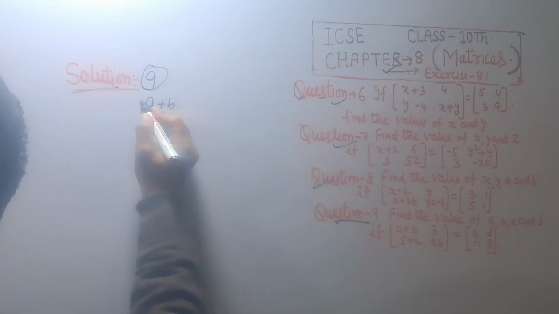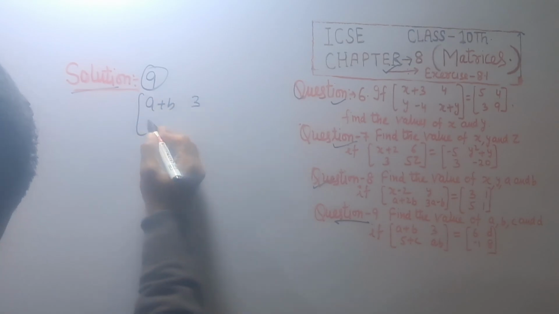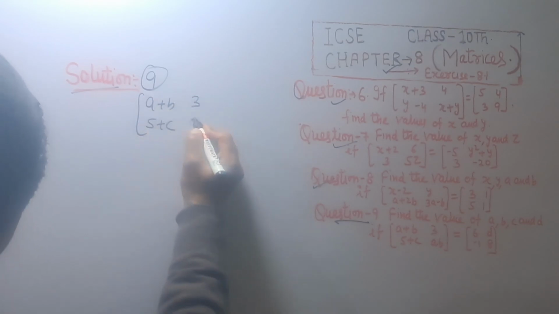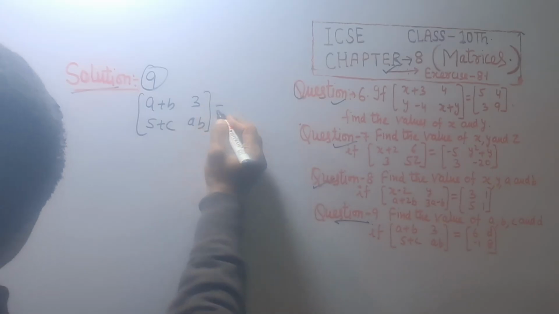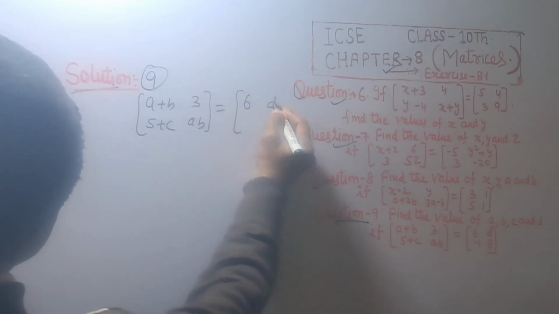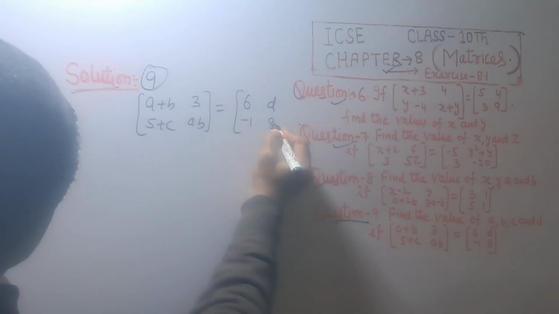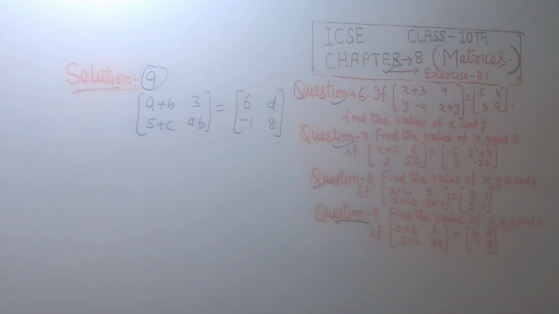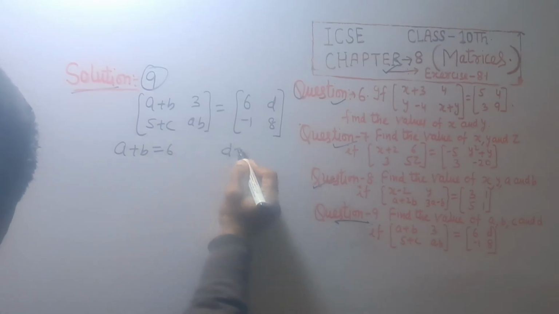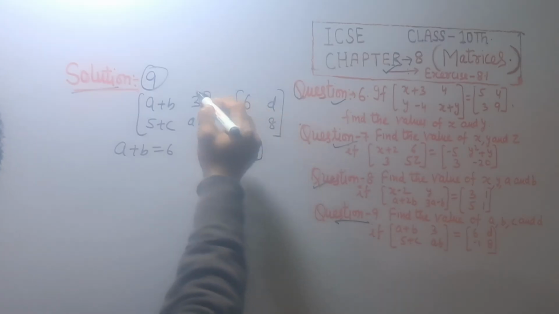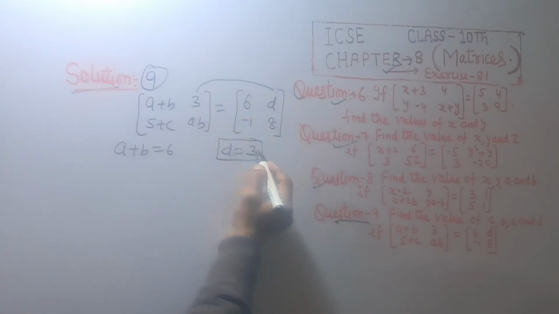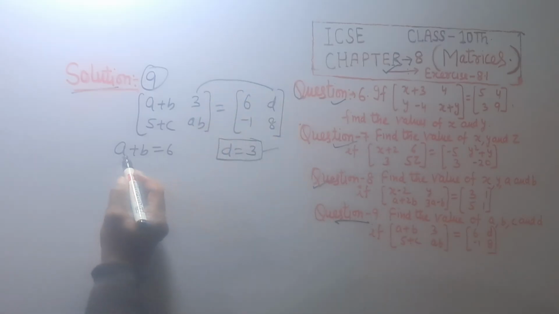Given a plus b, 3, 5 plus c, ab equal to 6, d, minus 1, and 8. a plus b equal to 6 and corresponding element of d is equal to 3. Then d equal to 3 and a plus b is equal to 6.